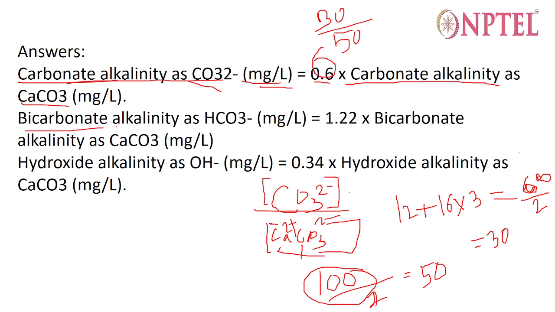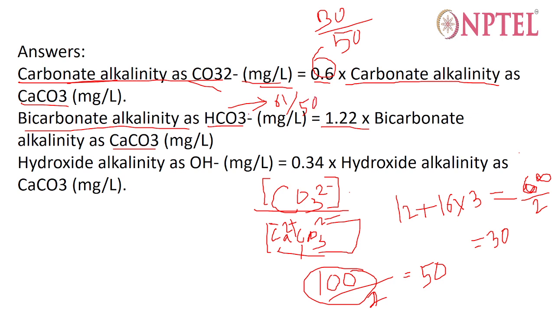Same as this bicarbonate alkalinity, how I am getting 1.22, just calculate by yourself. It is nothing but the equivalent weight of bicarbonate HCO3 minus divided by calcium carbonate. So if I take the equivalent weight, it will be 61 divided by 50, right?